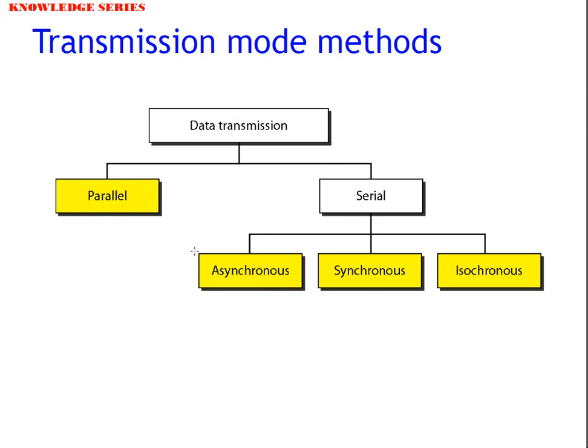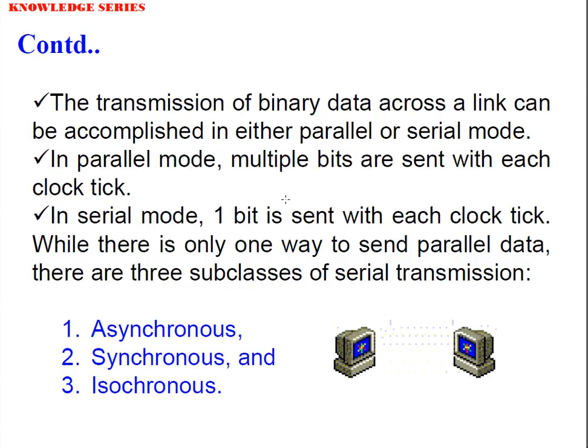So the classification of data transmission, as you can see over here, can be either in the form of parallel or in the form of serial. If it is a serial case, it can be either asynchronous, synchronous, or isochronous. So this is how the data transmission is being represented. This is also one of the important areas.